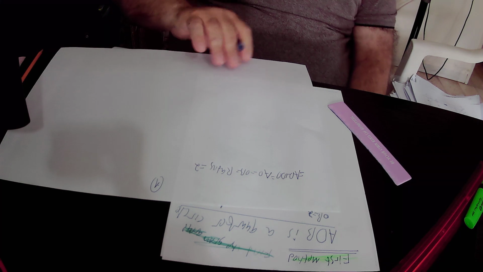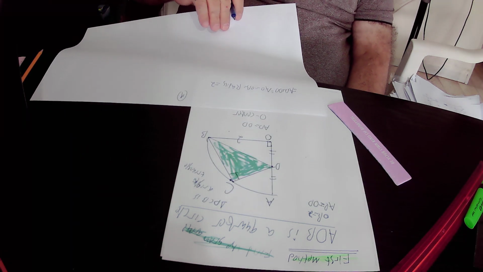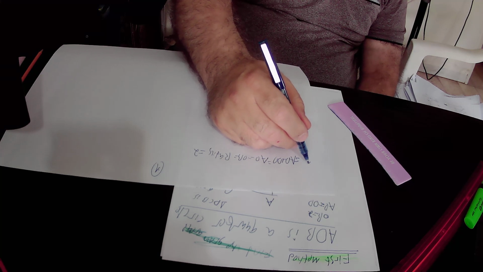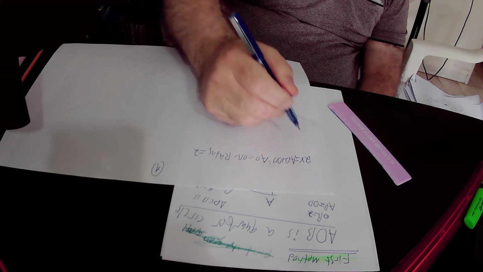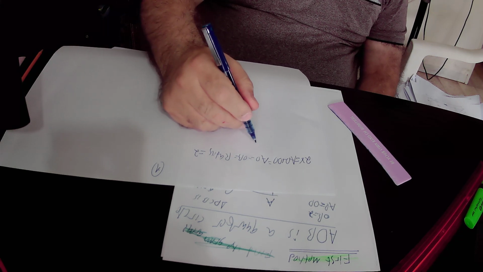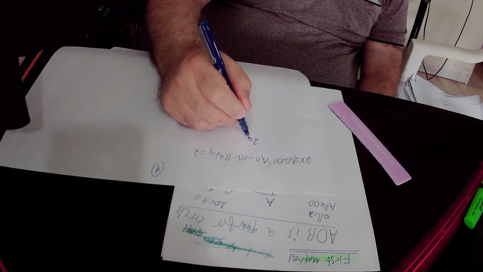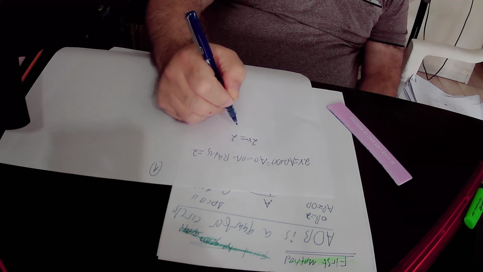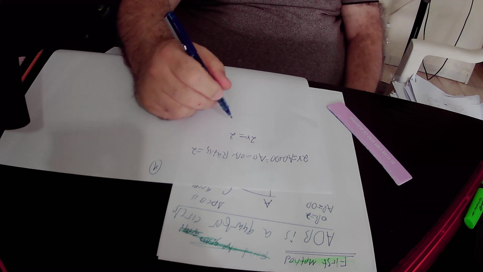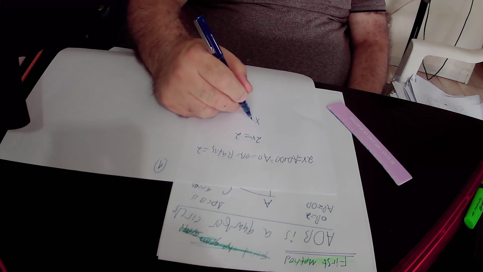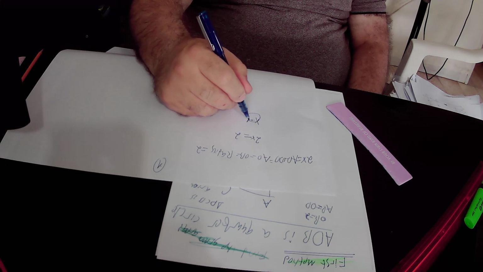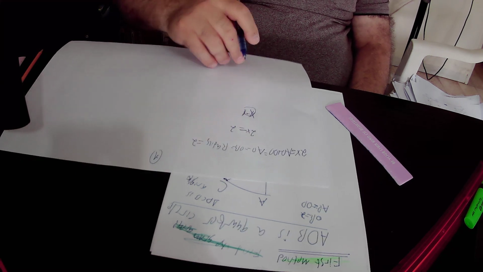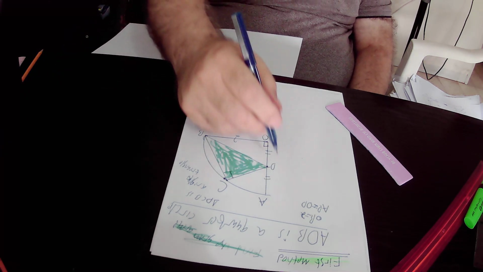If we define AD as X, then DO will also be equal to X because they are equal to each other, so X plus X is 2X. So in conclusion, we got that 2X equals 2. Here we divide this equation by 2 and we get that X equals 1. Here we found that X equals 1 unit.